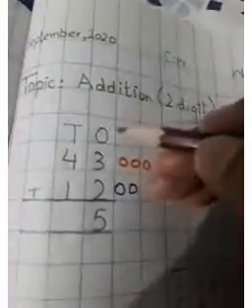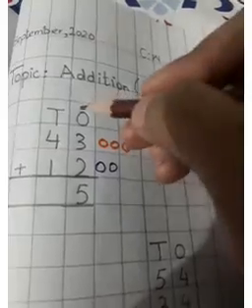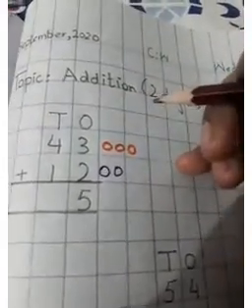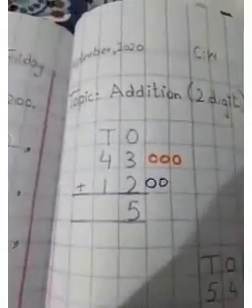Remember, always start counting or adding up the numbers from the right hand side, from the one's side. Clear? Okay, now let's move to the 10 side. First we have number 4. So for number 4, how many counters will I make? I'll make 4 counters. 1, 2, 3, 4.